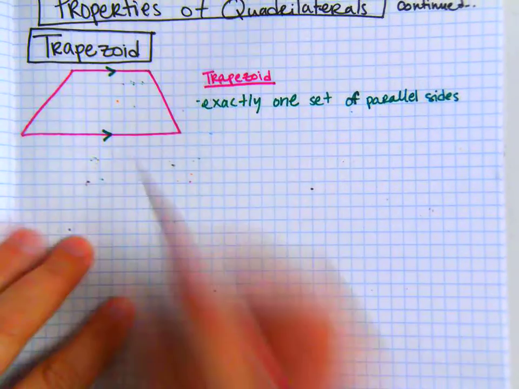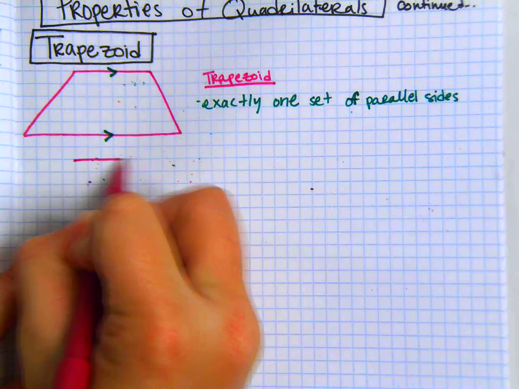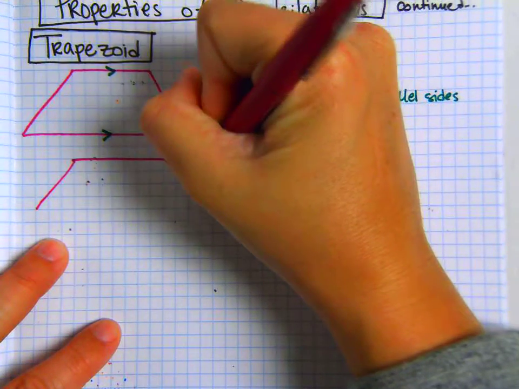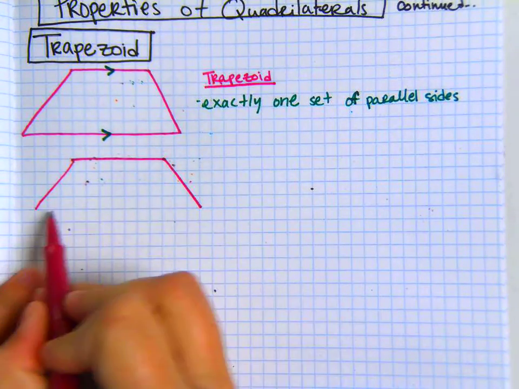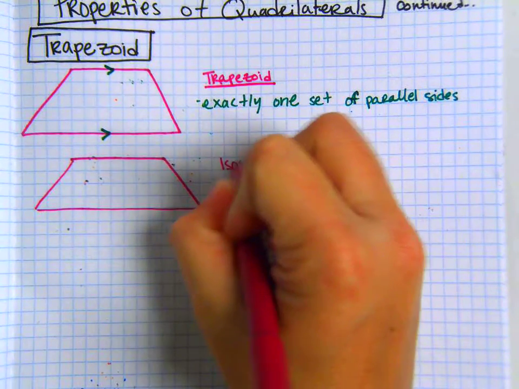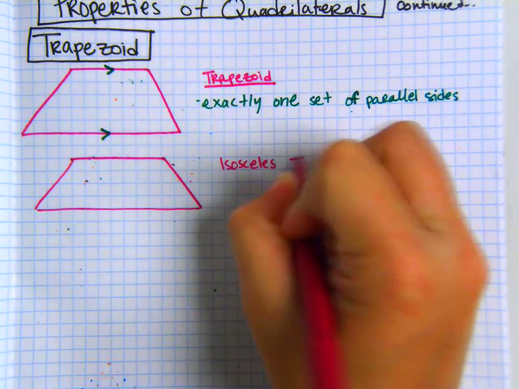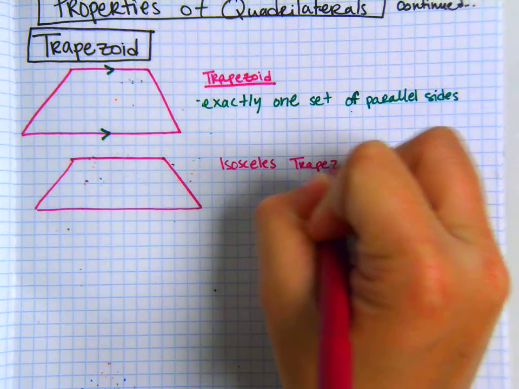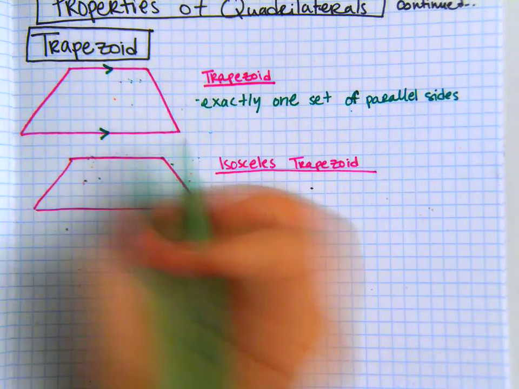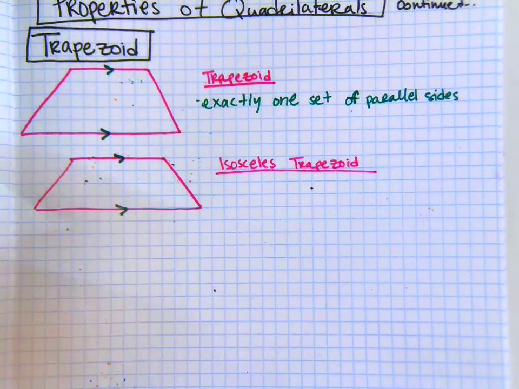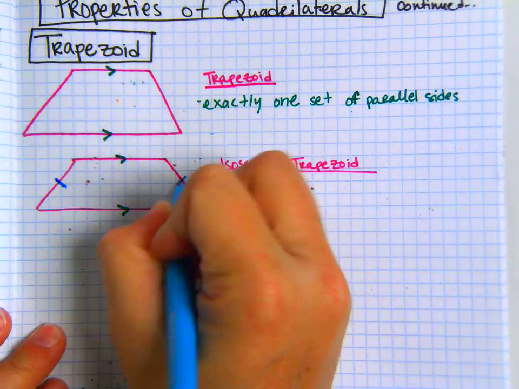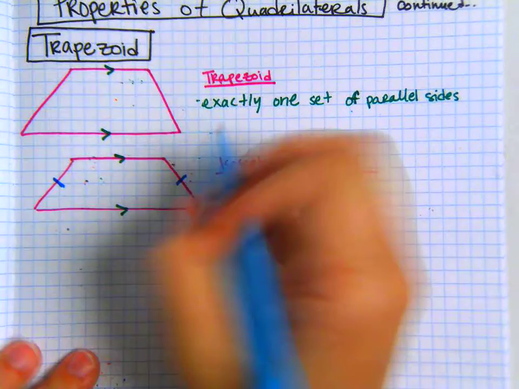Another type of trapezoid we could have, this is an isosceles trapezoid. Which still has exactly 1 set of parallel sides, but the other property that it has is 1 set of congruent sides.